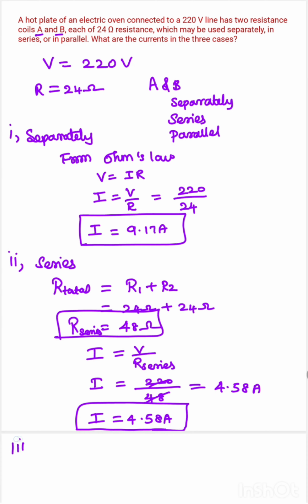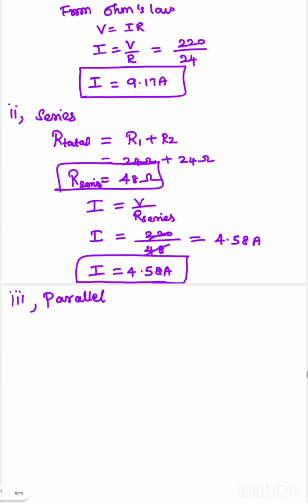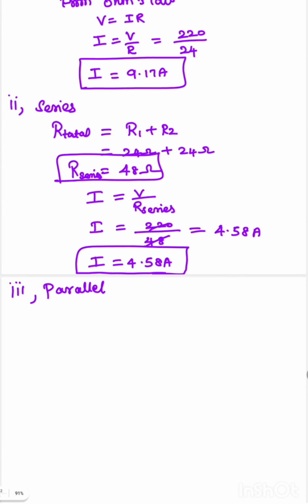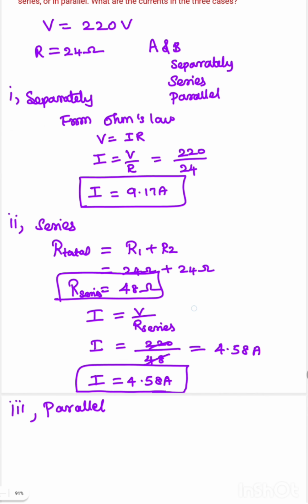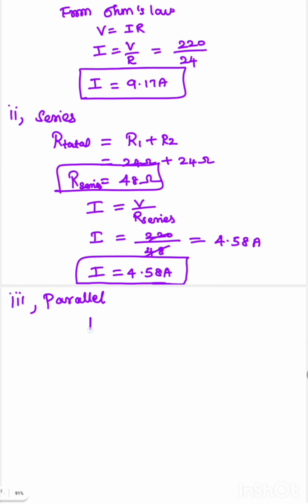Then the third case is parallel. So in the parallel case, these are equal resistor coils. The two resistance coils A and B, each of 24 ohm resistance, means they have equal value of resistors. So R parallel is equal to R by the number of resistors, which is 2.